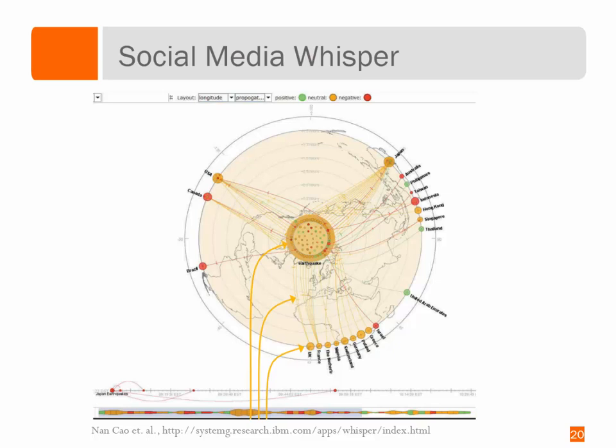And one of the particular events that is represented here is a significant earthquake in Japan. You'll notice up at the top we define sort of the layout. In this particular layout, we're looking at the longitude because it gives us a better sense of that location on the Earth. And then you can see color-coded either positive, neutral, or negative tweets.